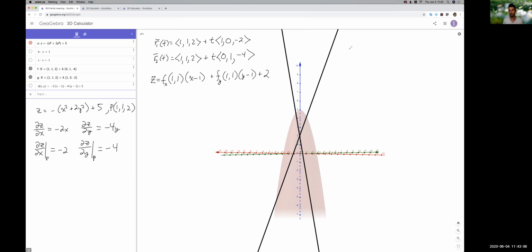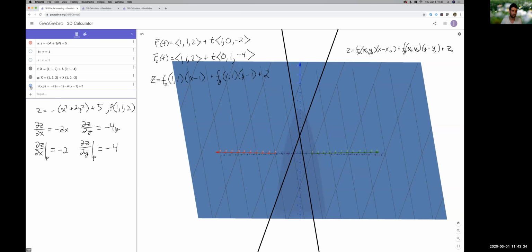So remember, just as a reminder, the tangent plane formula we just worked out looks like this, or this is one version of it. And I just put in all the values that we've already computed, okay? So let's now add this plane to our picture, right?